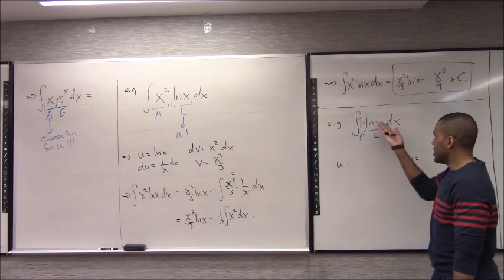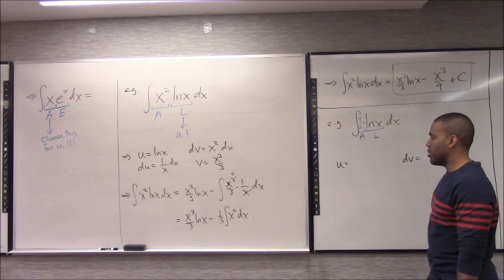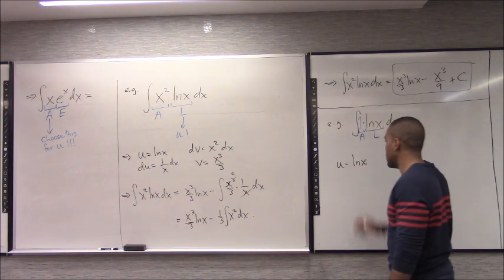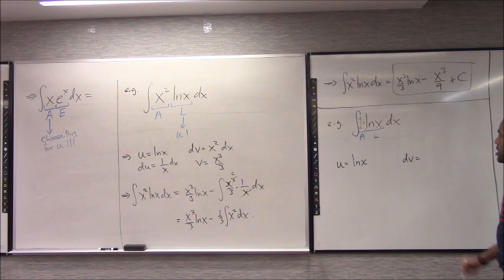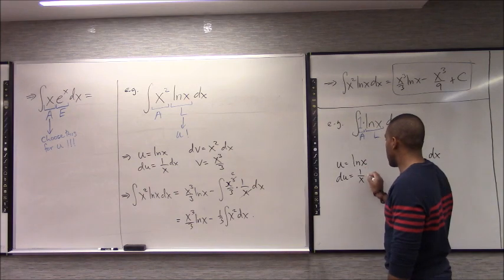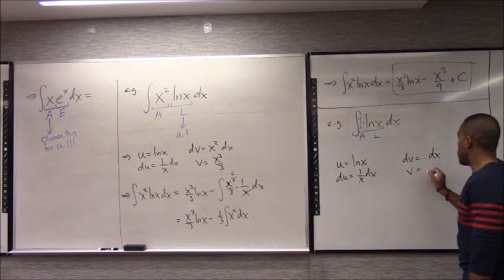Now of course ln is the thing that we want to integrate, and we don't know its integral, we know its derivative, so it just makes sense that ln would be our u, and our dv is just going to be 1 dx. du gives us 1 over x. Integrate 1, you get x.